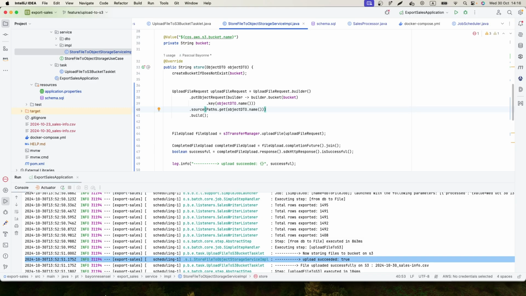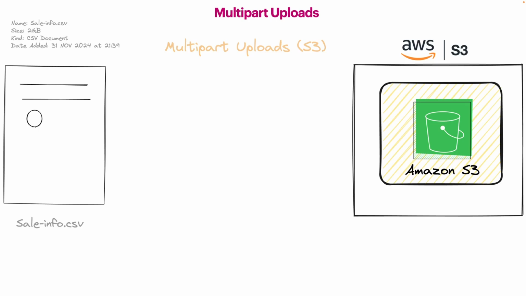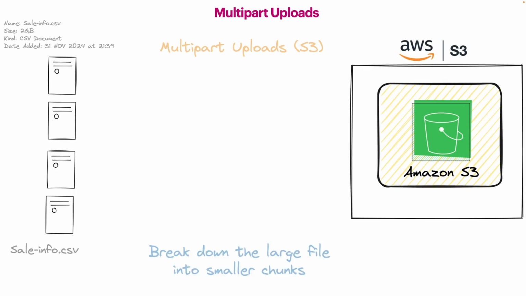Well, let's go back to our presentation. So as we are talking about the multi-part upload, where we break down the large file into smaller chunks or parts, when we implement the multi-part upload with the CRT-based client, apart from having amazing performance and throughput, the CRT-based client offers a possibility to keep tracking the progress of our upload.